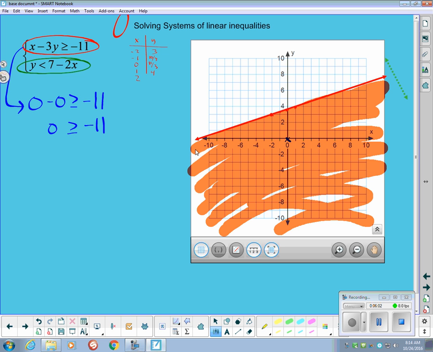And then we need to do the green inequality. So our green one is in slope-intercept form. We have a y-intercept at 7 and a slope of -2. So I go down 2 and over 1, and down 2 and over 1, down 2 and to the right 1. Get all of those points that this should be going through.